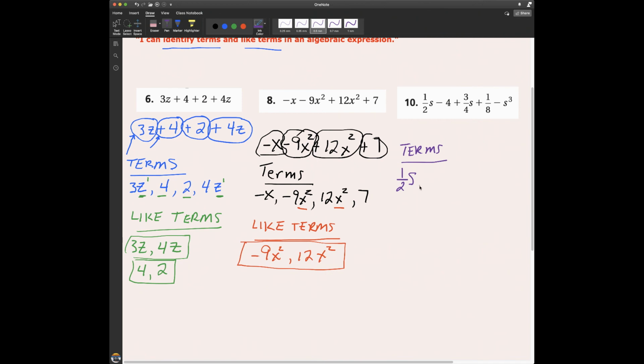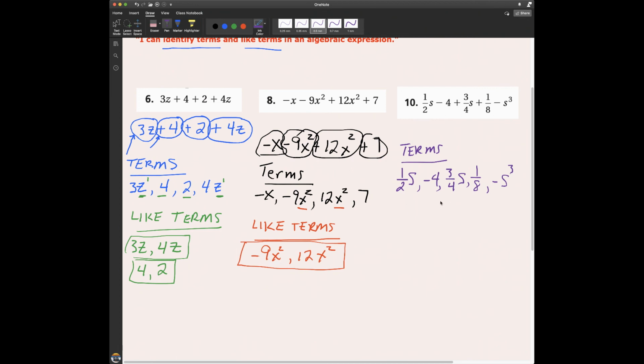Negative 4, that's another term. 3/4 s, that's a term. Positive 1/8, and negative s cubed. So you notice I can look at an expression and write these terms down.